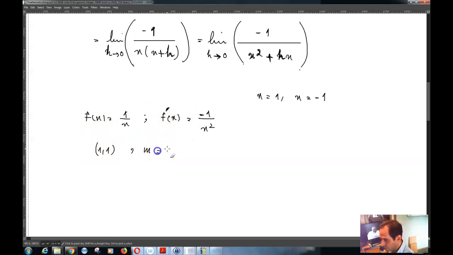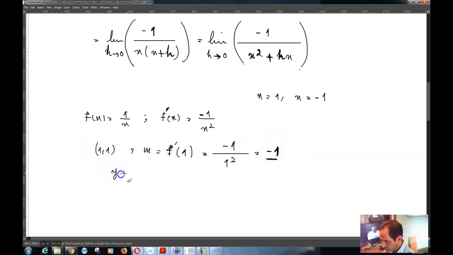The slope of the line is going to be f prime of 1, which is equal to negative 1 over 1 squared, which is equal to negative 1. Which is exactly what I just said, that it's a line passing through this point and having a slope negative 1.